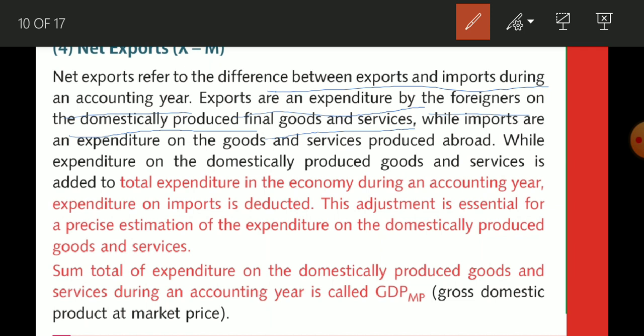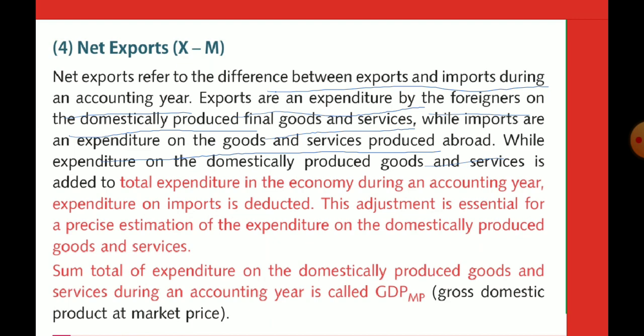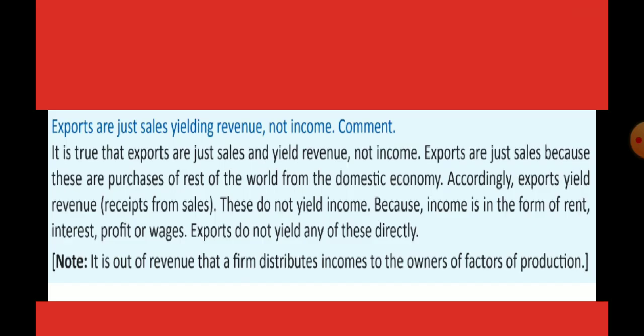When we purchase goods of another country and make the payment, that is known as import. So imports are expenditure on goods and services produced abroad. The sum total of expenditure on domestically produced goods and services during an accounting year is called GDP MP. So these are the components of the expenditure method.